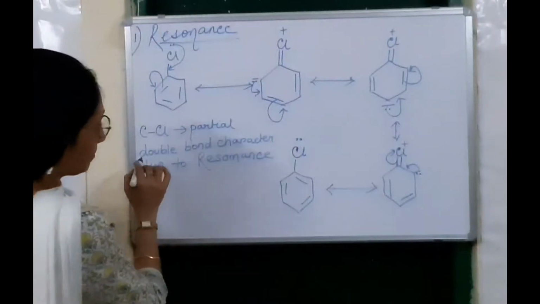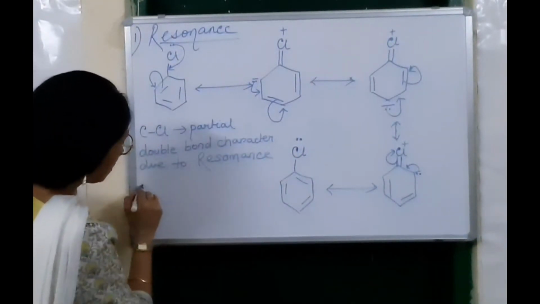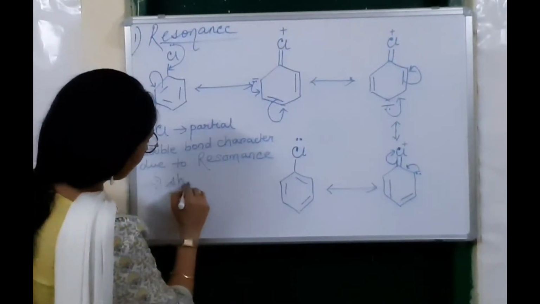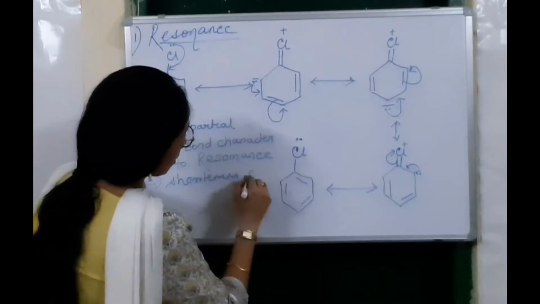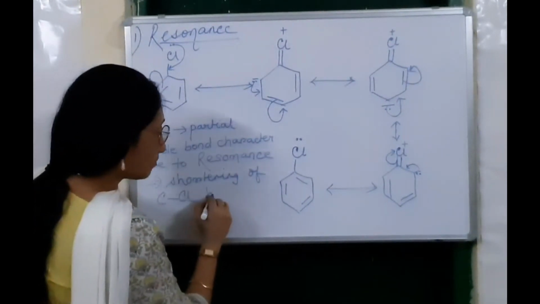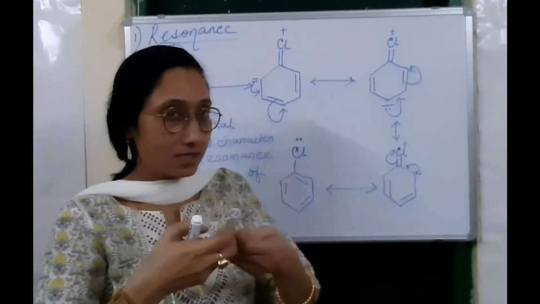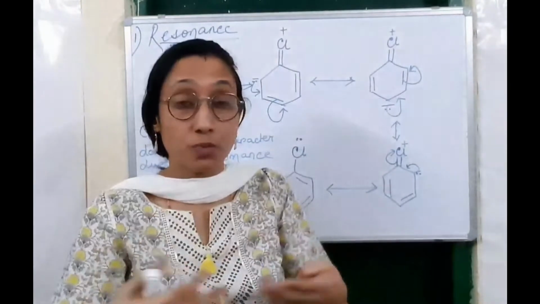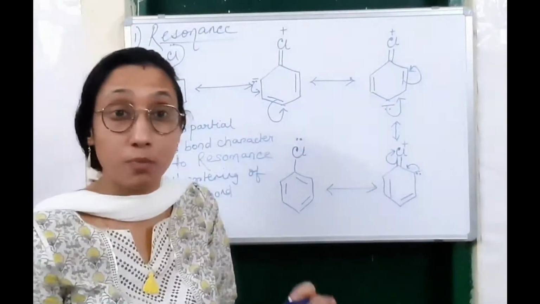So this development of partial double bond character means shortening of the carbon-halogen bond. If the bond shortens, that means the bond will become more stable, and more energy will be required to break it.